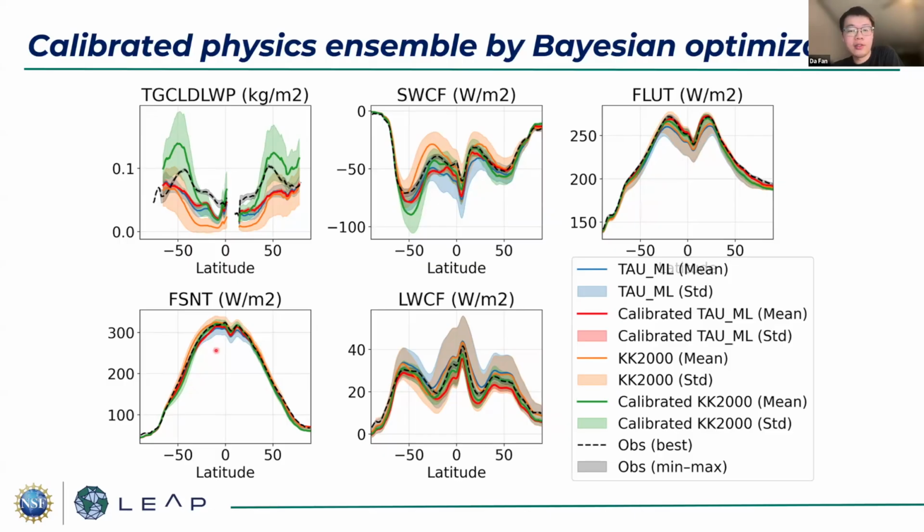We have slightly better net solar flux after calibration. And for the longwave cloud forcing, the calibrated KK2000, this green curve, shows improved agreement with observations, but the calibrated tau ML becomes a bit worse, which is likely a trade-off from the calibration.